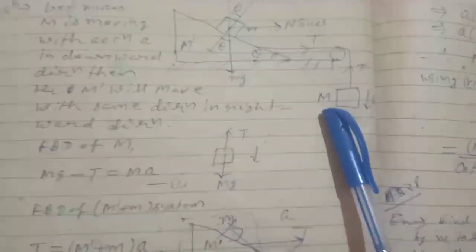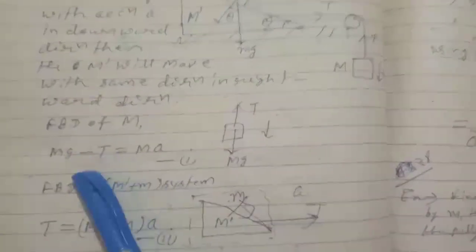Now the FBD of m: tension in the upward direction and weight in the downward direction, and it is moving with acceleration A. So mg minus T equals ma. This is equation 1. Again, the FBD of the m dash and m system, considering both bodies as a system, because both bodies are moving with the same acceleration A in this direction, as it is given that this body is at rest on this block.